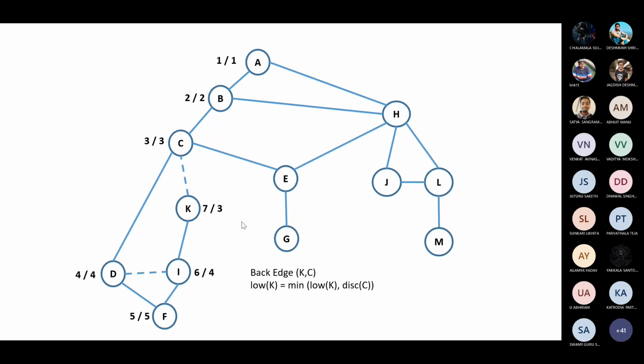For the time being, just observe one thing: the low value of K is 3. This means that from vertex K in the DFS tree, the lowest vertex that I can reach is 3 itself. Like, K is the 7th vertex in the DFS tree, but through a back edge I can reach 3.